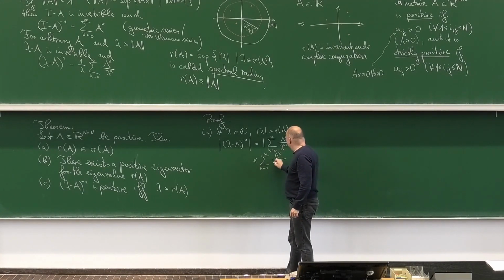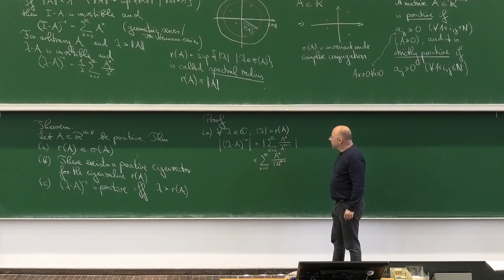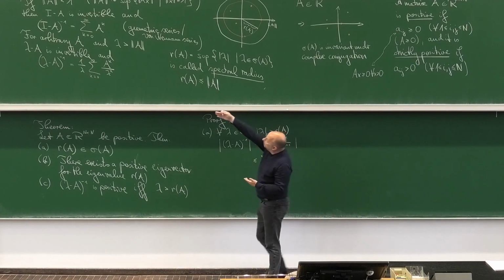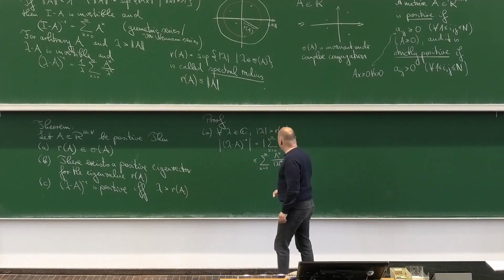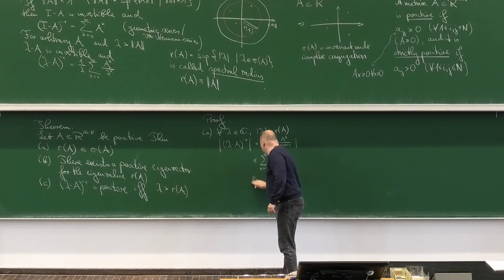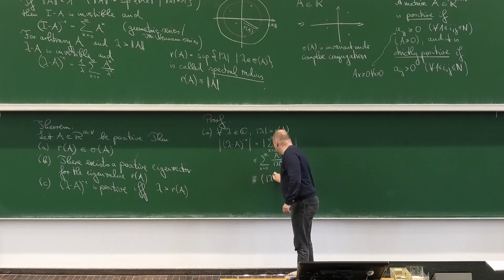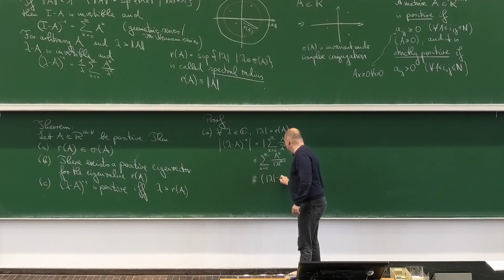But here I have to take the absolute value, and then again by the Neumann series, this is actually equal to the resolvent at the point absolute value of lambda.